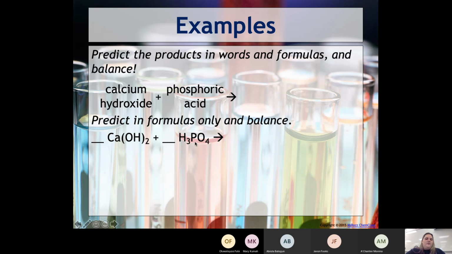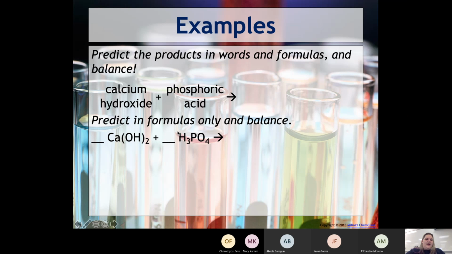If you don't remember from last year how to write chemical names and formulas, you might want to review your information from last year, or look for something online, because that is a skill you still need. Calcium has a +2 charge, so we need 2 hydroxides to balance it out, because hydroxide is only -1.